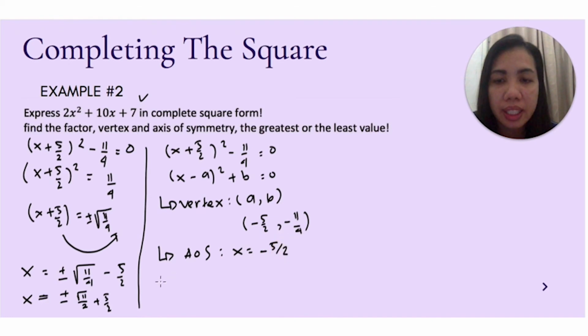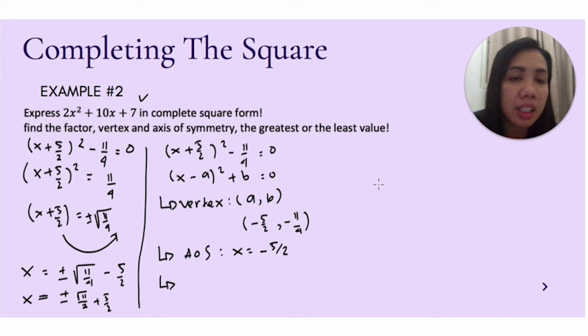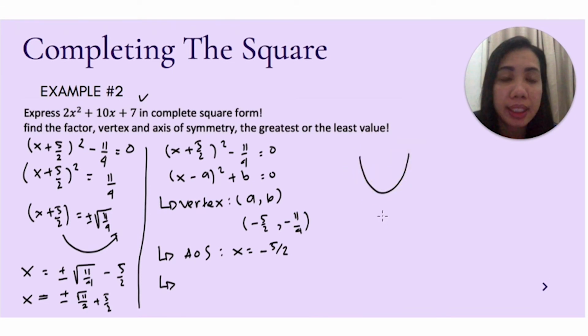Okay, the next thing is about the greatest or the least value. Remember, we can see the greatest or the least value based on this value of y, because it also depends on the vertex. So in here, because a is a positive number, which is positive 2, the shape of the parabola will be a smile parabola like this.